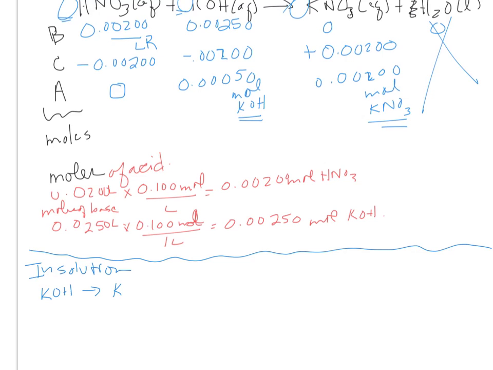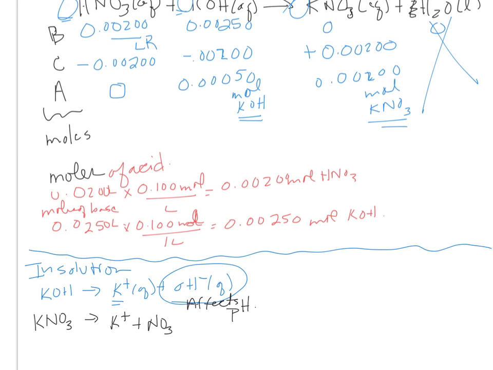So I'm going to have potassium ions, and we're going to have hydroxide ions. Potassium ions not going to affect the pH. This definitely will affect the pH. I have potassium nitrate. Potassium ion not going to affect the pH. Nitrate ion is an anion of a strong acid, so that's going to stay in solution. That's not going to affect the pH.